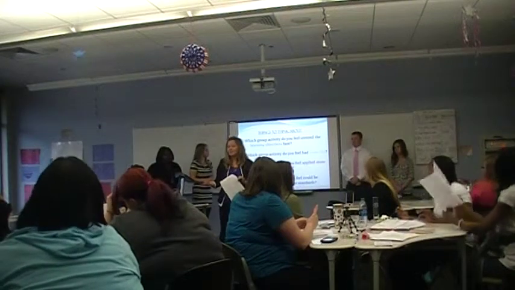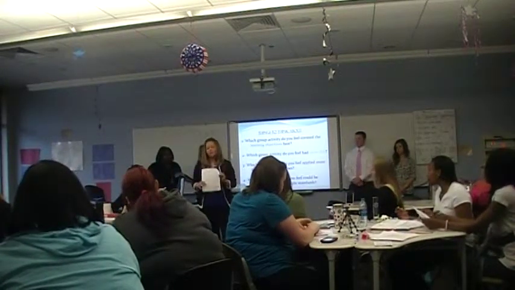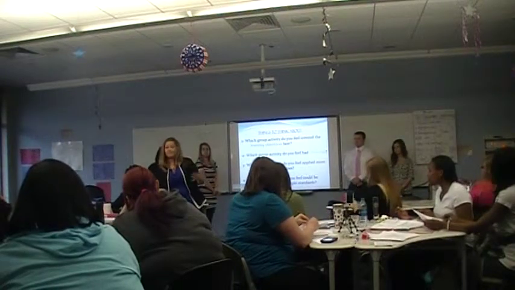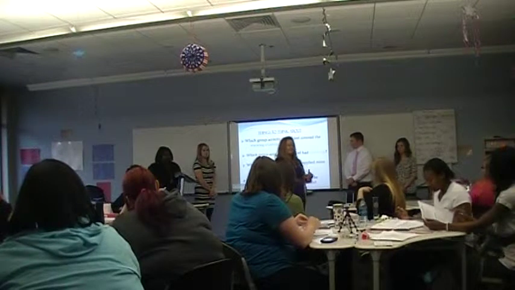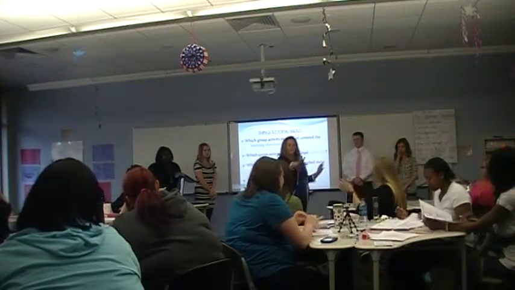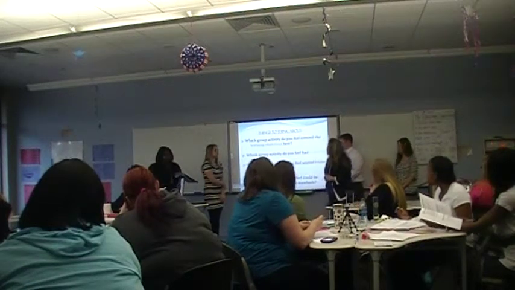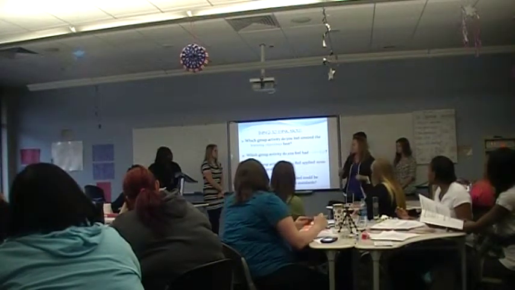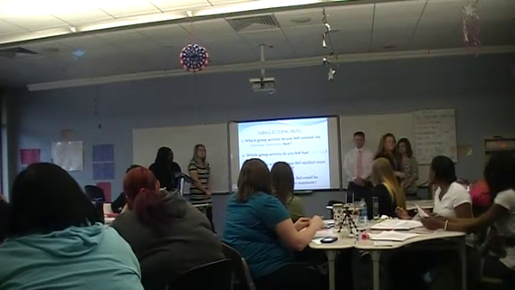Using real world examples also gets you to think about where you've seen these shapes, how you've seen them. So I'm going to go with Group A. Does anybody else have a different opinion other than this one? Which group activity do you feel could be altered to include multiple standards? Anybody?